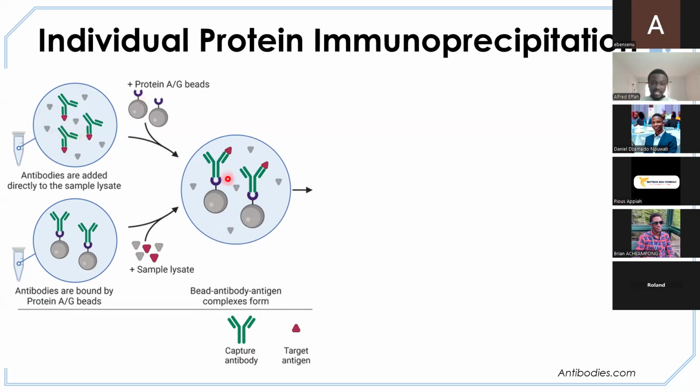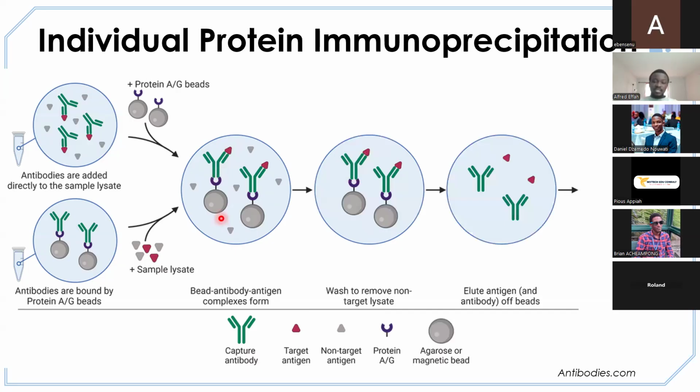We add a bead, which also binds to the Fc region of our antibody. The second way is we incubate the antibody with our beads first, add the sample, and we still get the same. So you can decide to go by this way or use this way. In the end, the aim is to form this complex, whereby you have an antibody which is bound to your protein of interest with a bead.